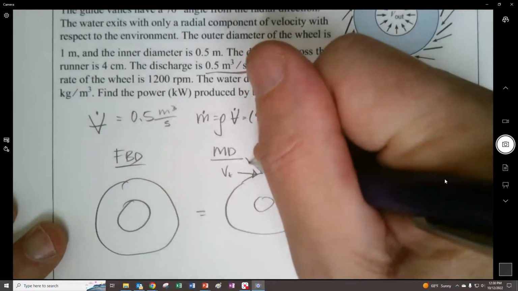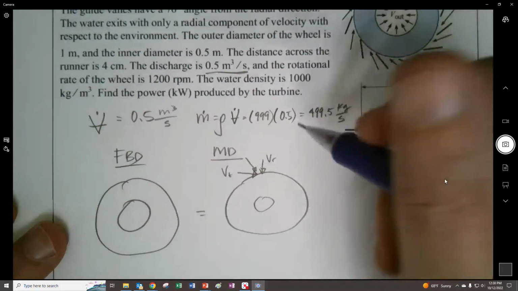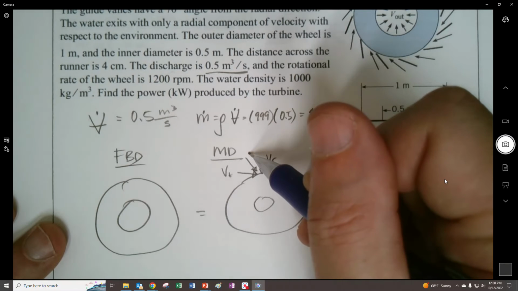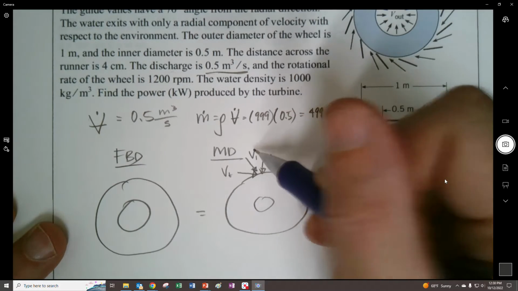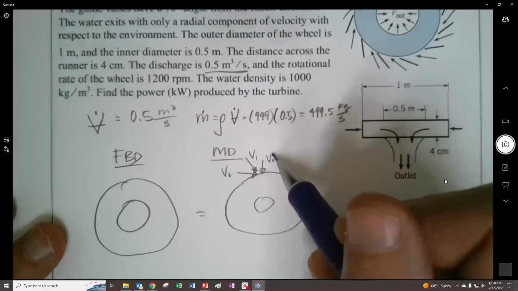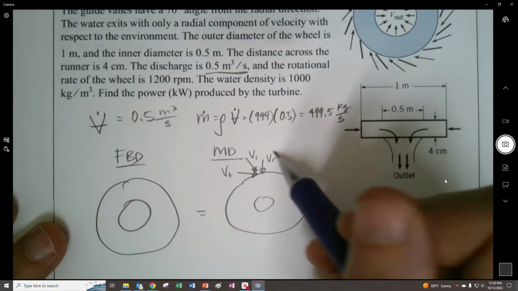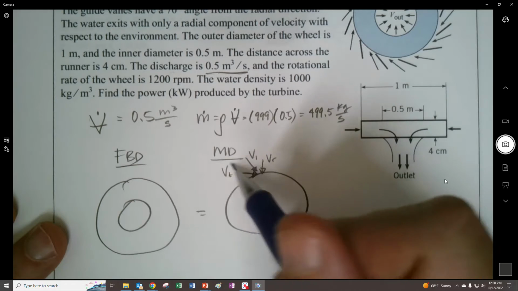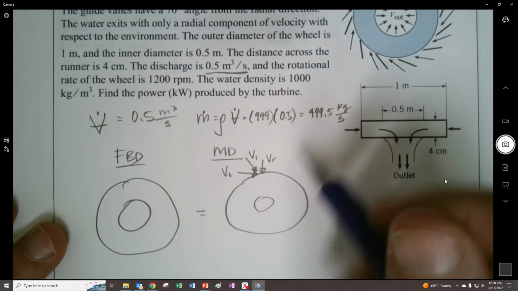So we actually have a real velocity coming in from the real world in this direction right here. We could call this V1 coming in. So this velocity right here is going to help us figure out what the mass flow is, and this is the velocity, that's really the r crossed with the velocity.